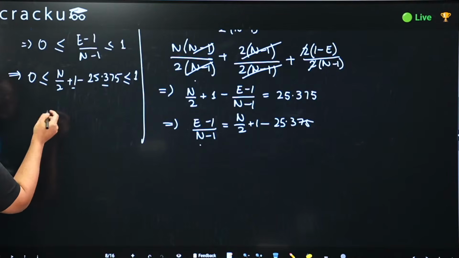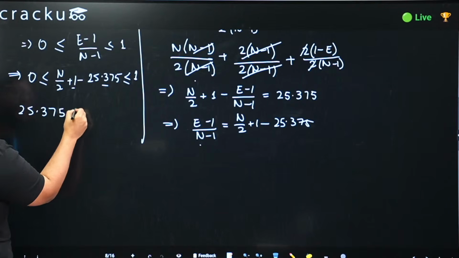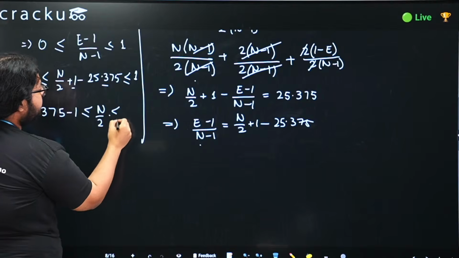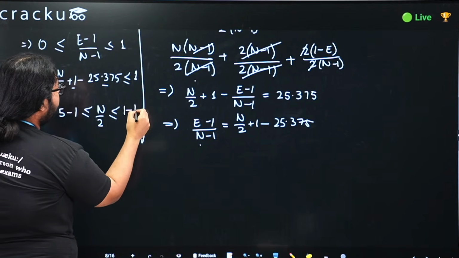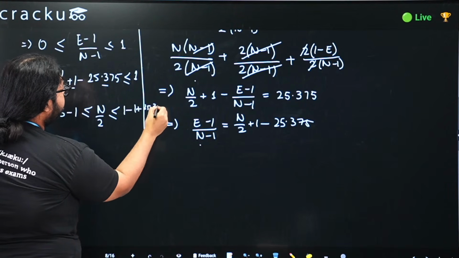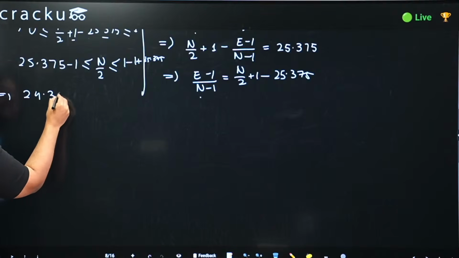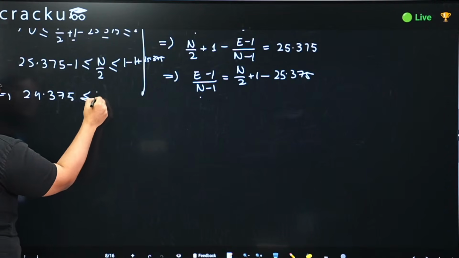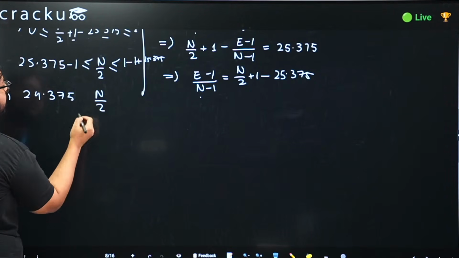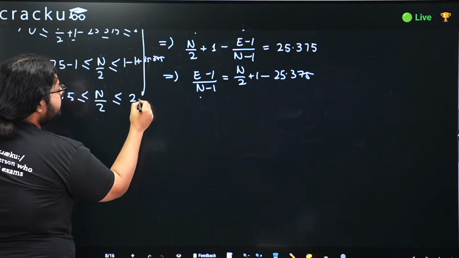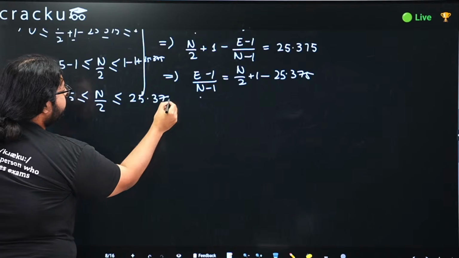So we'll get 25.375 minus 1 is less than or equal to n by 2, and it is less than or equal to 1 minus 1 plus 25.375. So that gives me 24.375 is less than or equal to n by 2, and this 1 gets cancelled out, so it is less than or equal to 25.375.